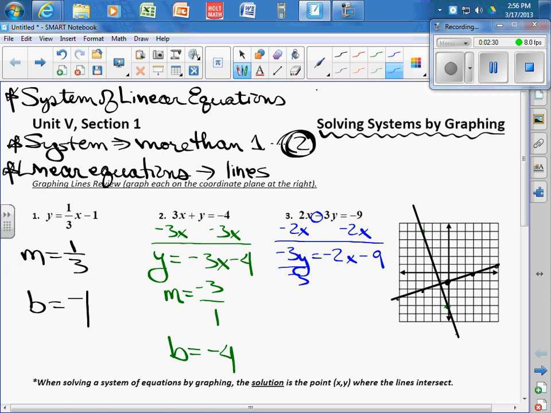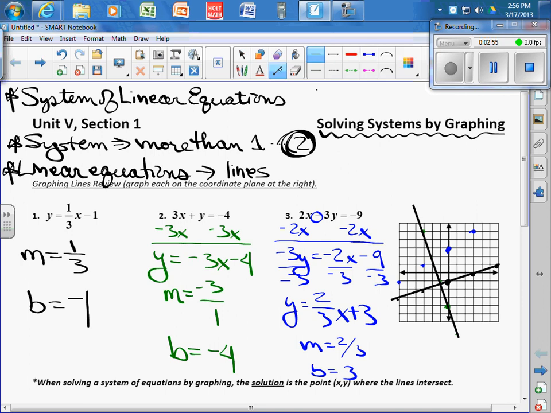And then dividing everything by -3, we get y is equal to, double negative makes it positive, 2/3 x, again double negative, positive plus 3, where the slope is 2/3 and the y-intercept is positive 3. So I go to positive 3, put my point, rise 2, run 3, down 2, left 3, and that'll give me this line. So there's your refresher on what it takes to graph lines.